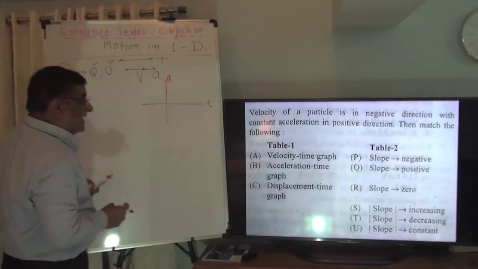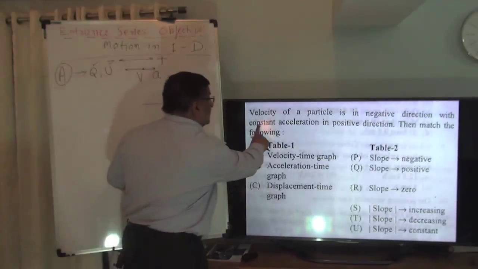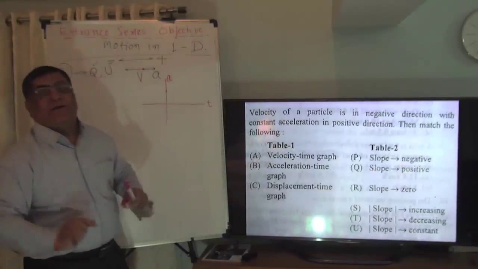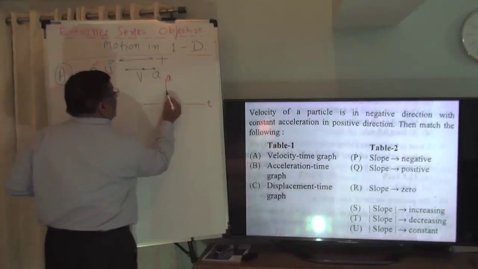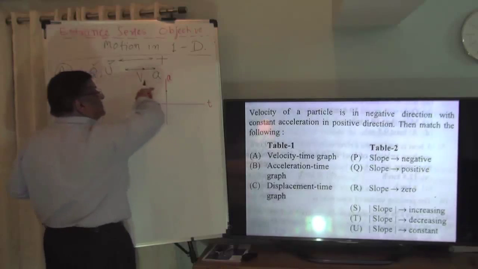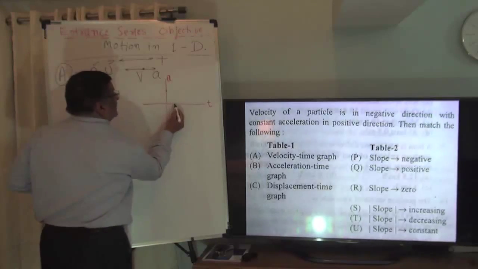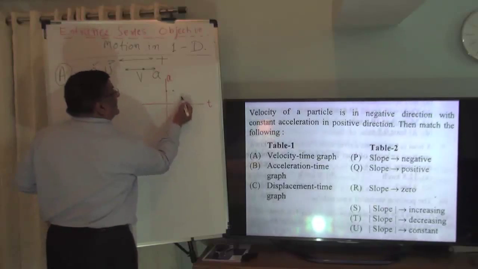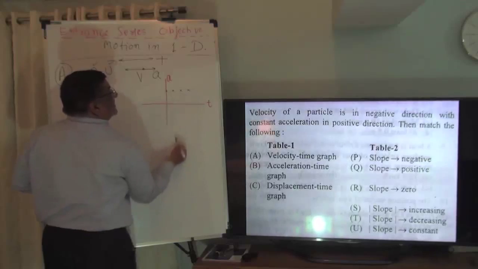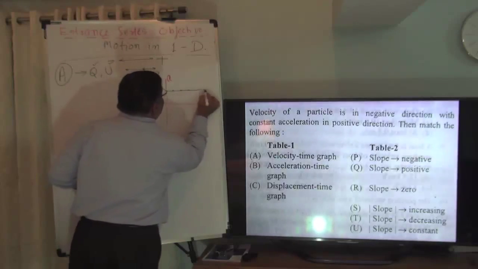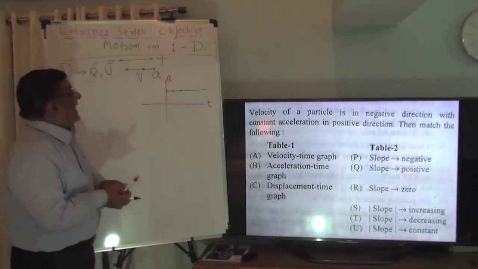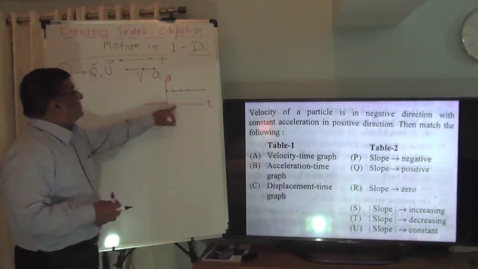Is there any change in acceleration? See the word: constant acceleration, no change in acceleration. At 0 second, acceleration is this much. After 1 second, acceleration is the same. After 1 second, again the same. So what we get here is a straight line. This is acceleration with reference to time.